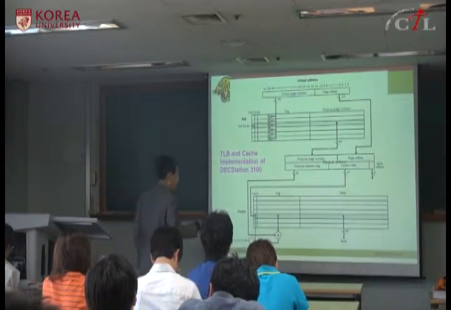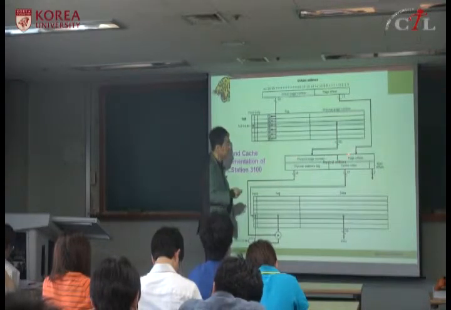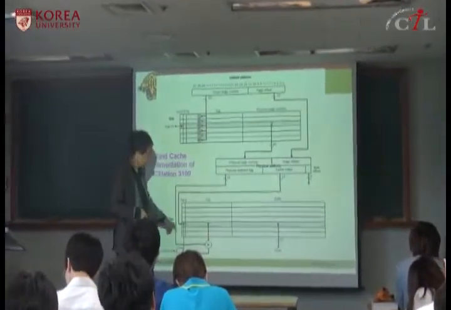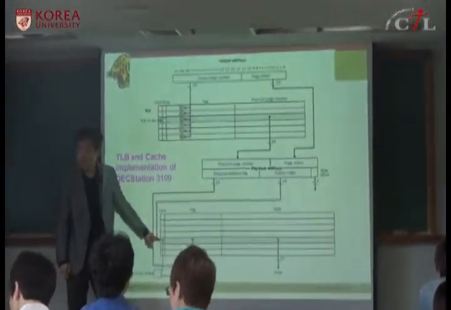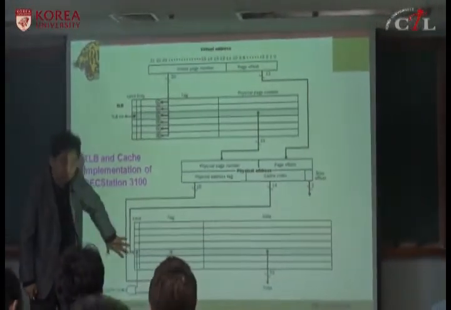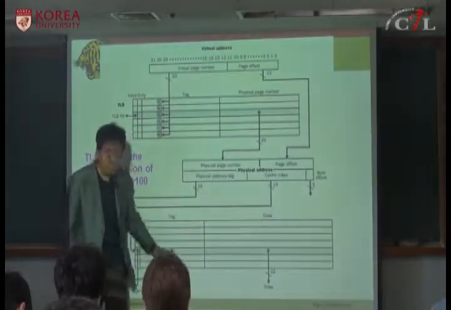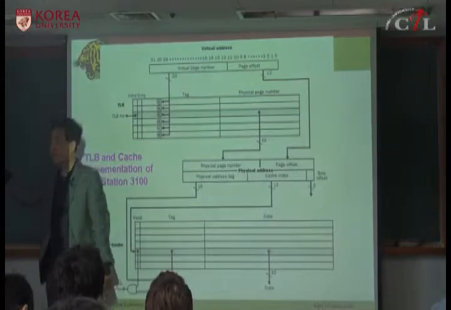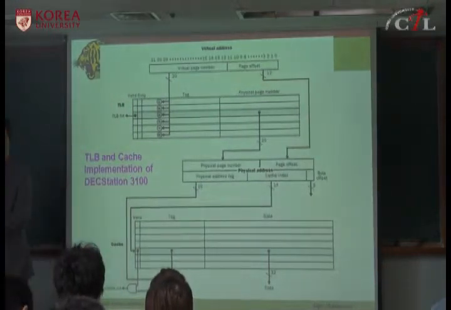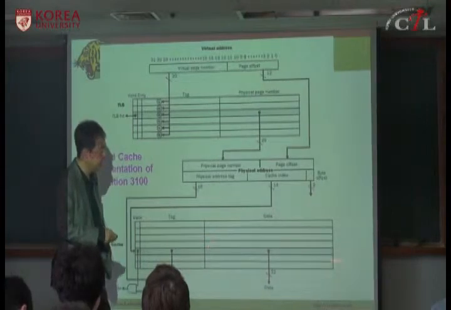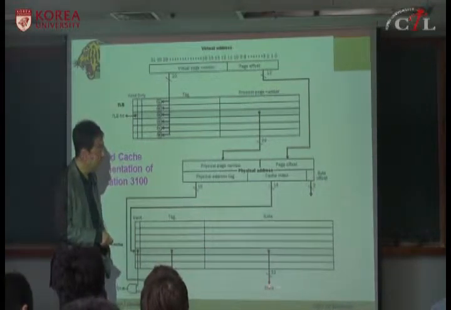From the physical address, using the index, you identify the block. You have a decoder here, you select this block, and this goes into the word lines. Then you fetch this 32-bit, 4-byte block.